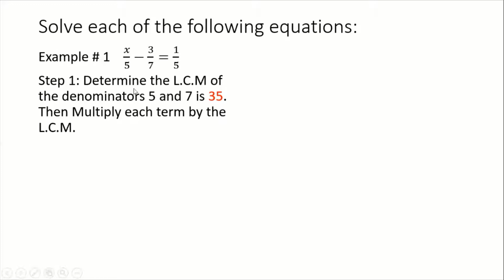So if we are going to use 35 to multiply each individual term in the bracket, we would represent this as 35 times x over 5 minus 3 over 7 times 35 equal 1 over 5 times 35. You may be wondering why I put 35 in front and then at the back here. Remember, multiplication is commutative, so the order does not matter, all right?